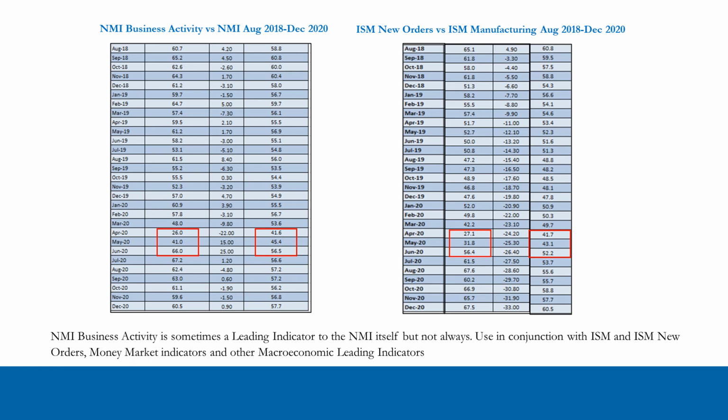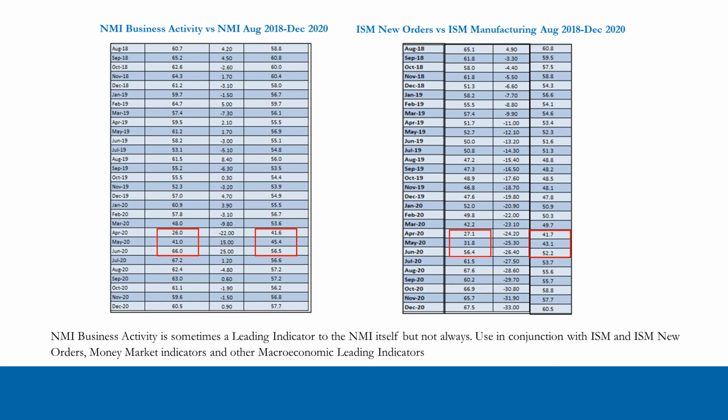And then the new orders index, you can see that it only put one reading in above 50 at 52. That was in Jan 2020. And then new orders went below 50 again in February 2020, and then obviously had a big move down in March 2020.